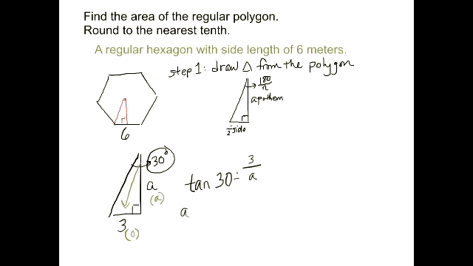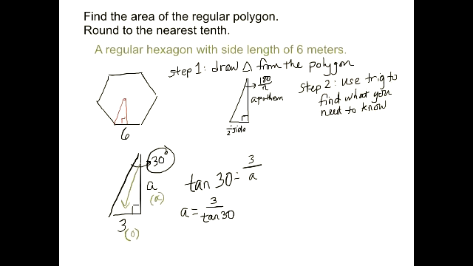So now we know that A equals 3 divided by tan of 30. Step 2 was to use trigonometry to find out what we need to know. In this case, we needed to know the apothem, so that's what we used trig to find.